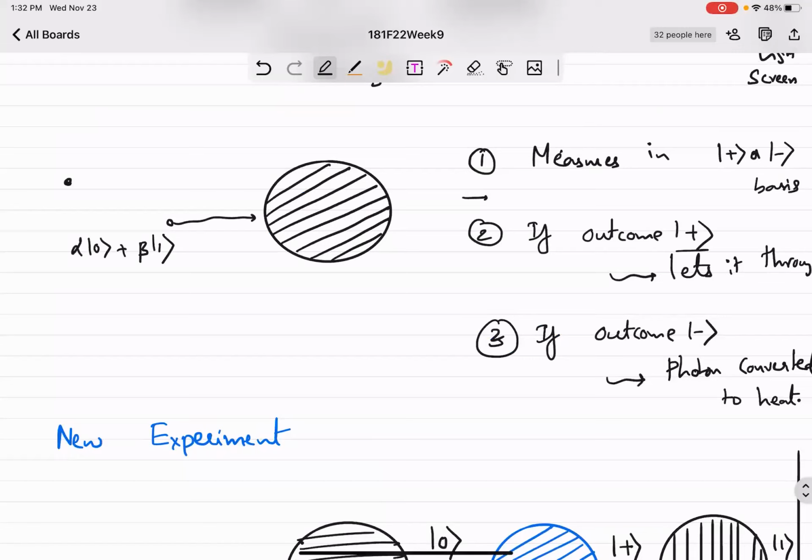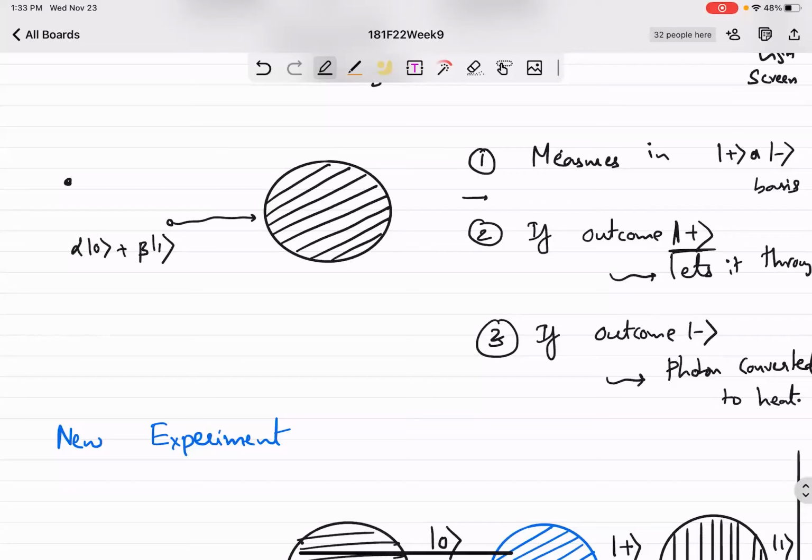And when it lets light through, it's only in the plus vector, sorry. If the outcome is a minus, then it's converted to heat. It completely disintegrates. Otherwise, it lets the photon through in this state. So it's transforming what is going in and also acting like, I'll discard some things.